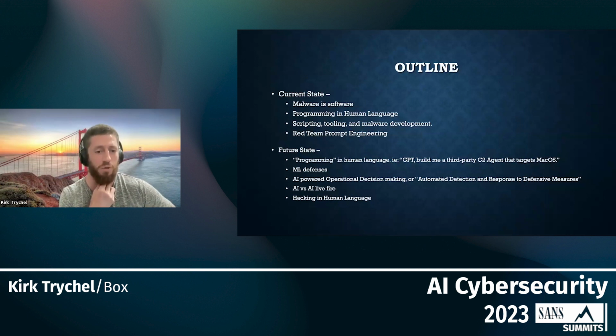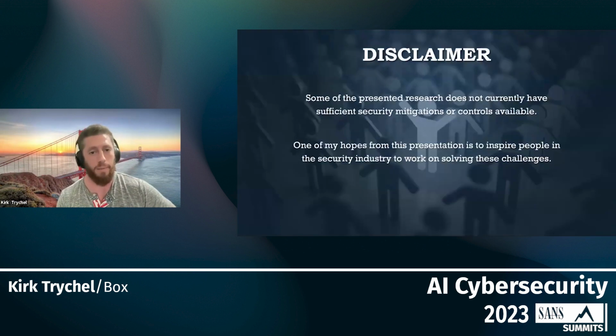We'll also be looking at the future of where I think this technology is going in terms of its applications within the red and blue team space. But again, we'll be mostly focused on red team today, as that is the primary topic here. And we'll be looking at how AI could be used to make operational decisions on red team operations, and what the future might look like in terms of AI versus AI, both on the red and blue side.